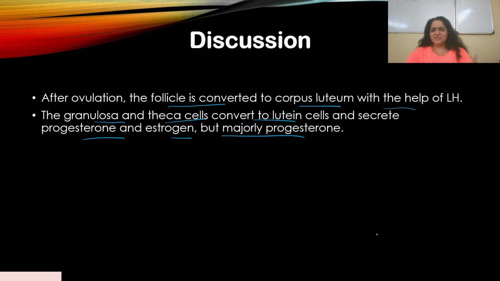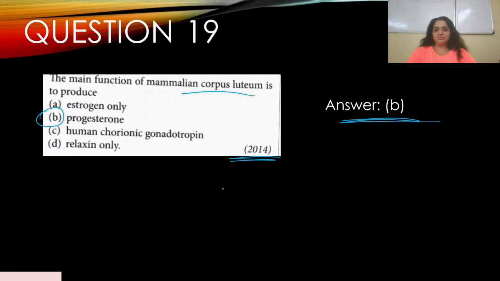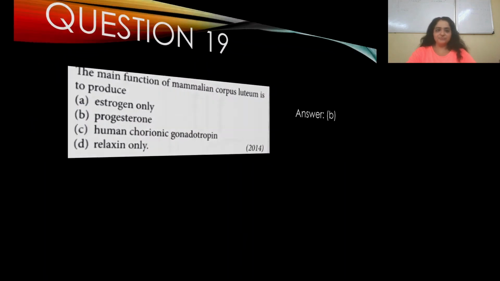Of course, I've already discussed corpus luteum in the endocrine system and also in oogenesis in detail, so I'll not go into details. This should be easy to answer if you knew your theory well. So the main function is to produce progesterone. B is the right answer.